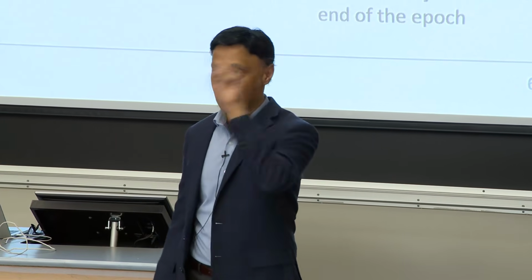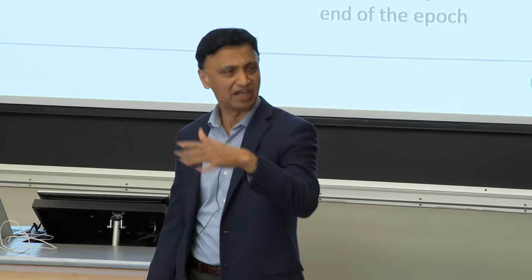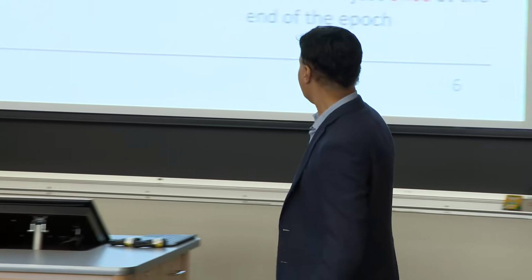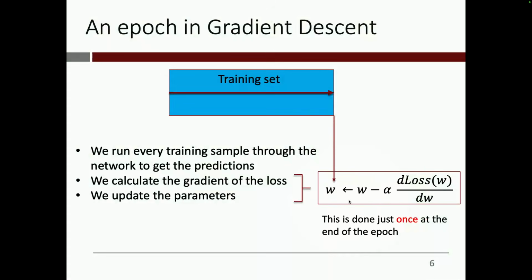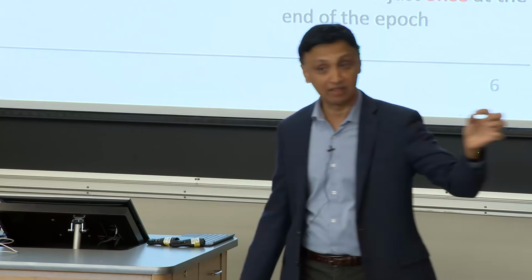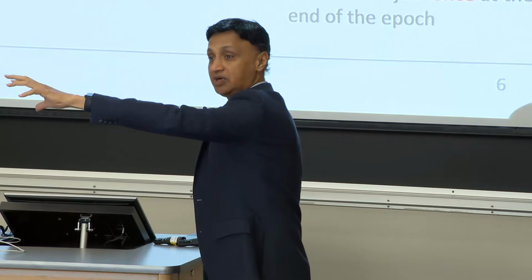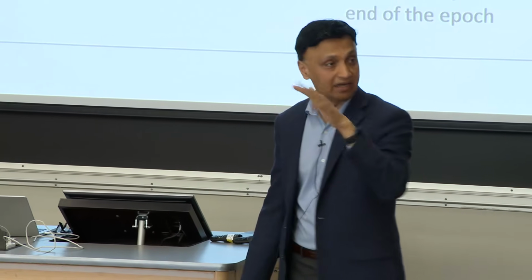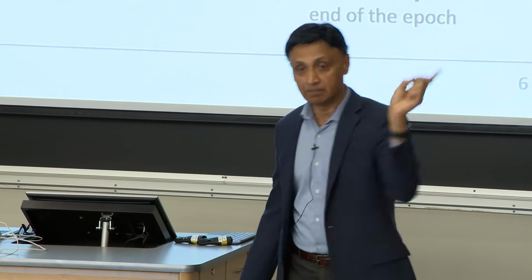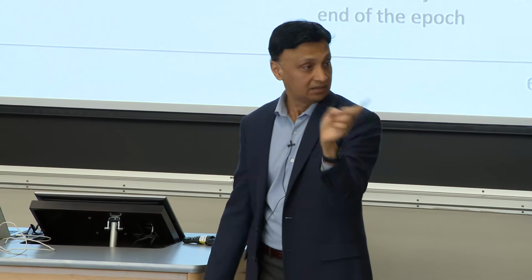Sometimes I might use this nabla symbol. These are all interchangeable, okay? So we'll calculate the gradient, and then we update using some version of this, okay? But we just do it once at the end of the epoch. Because if you have 10 billion data points, every one of them flows through, you get 10 billion outputs, and then we calculate the gradient at the end of this thing and update once. One update per epoch. Yes?